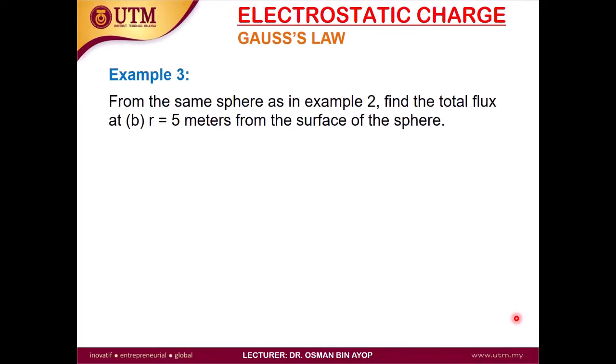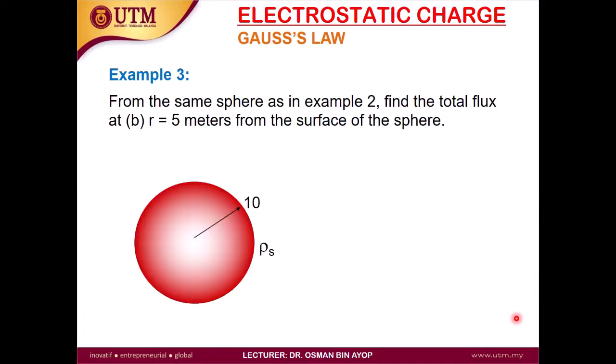Okay, next. From the same sphere as in example 2, find the total flux at B, r equal to 5 meter from the surface of the sphere. So this is our charge system, the same charge system.